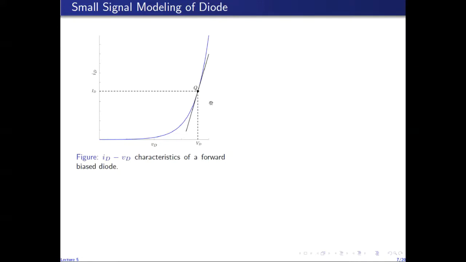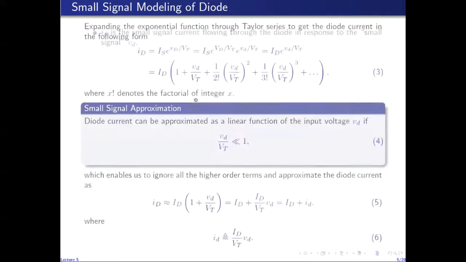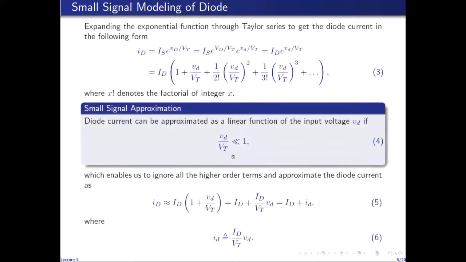Here I show this black line, which is a straight line tangent to the point Q. So the slope of the curve at point Q is given by the slope of this tangent at point Q. And you can see that for a region of the curve around Q, the black line very well approximates the blue line. So graphically, this approximation means that we apply such a small signal vd that the instantaneous points on the curve are limited to the region of the curve which is approximated by a straight line. This is what it means graphically to go from here to here.